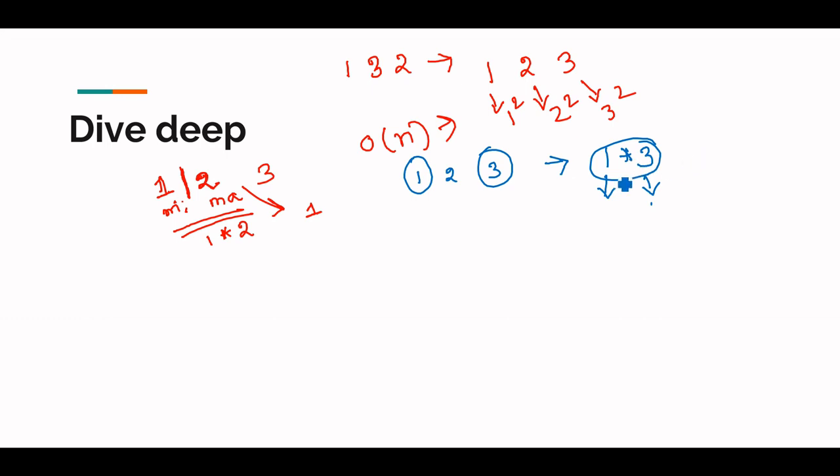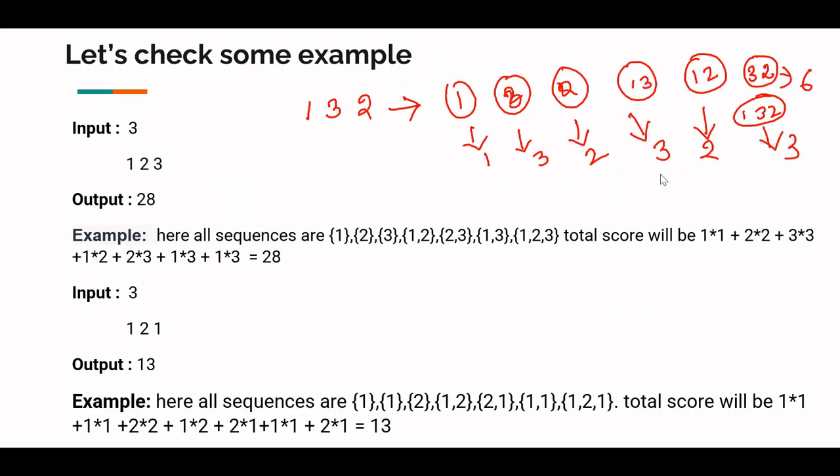So here, as we have already checked in our previous example, 1, 3 is coming here and here. So it's coming 2 times.